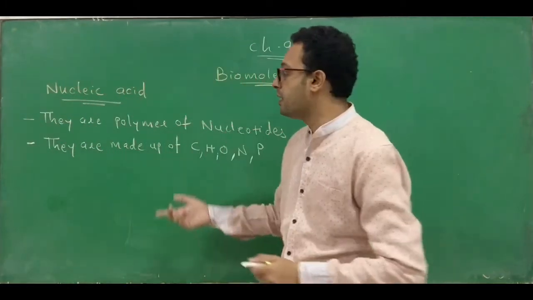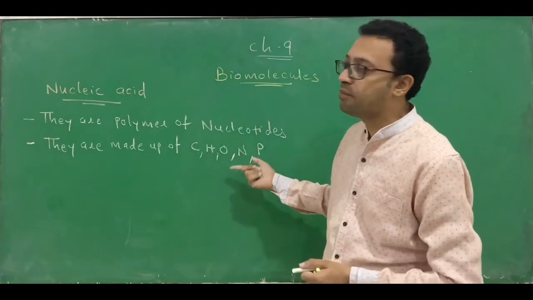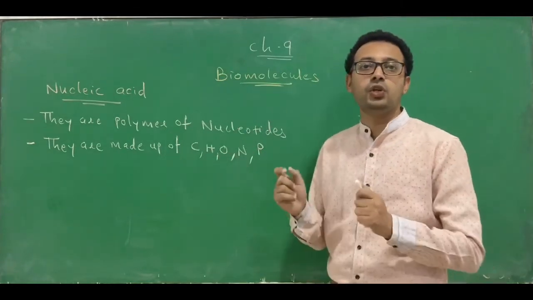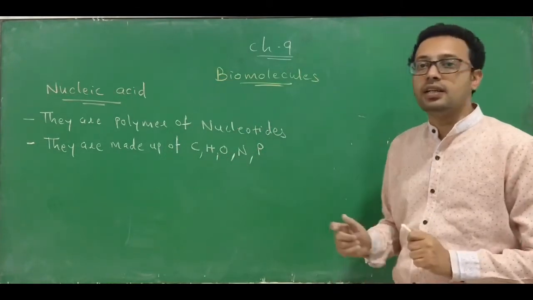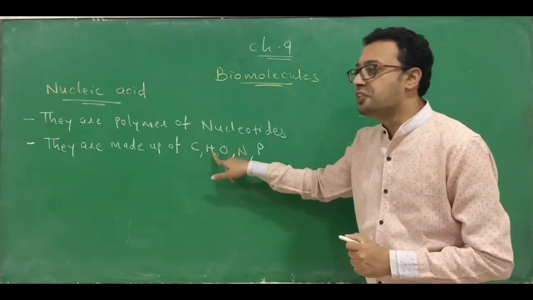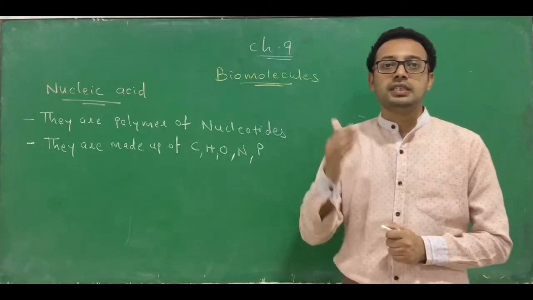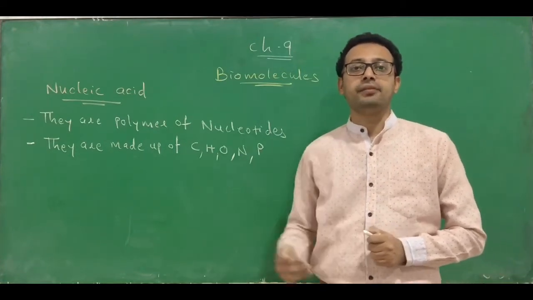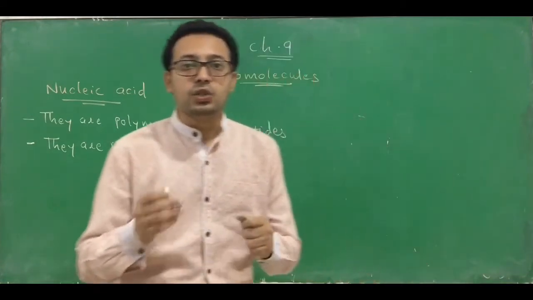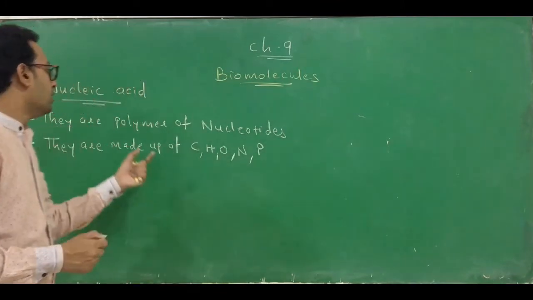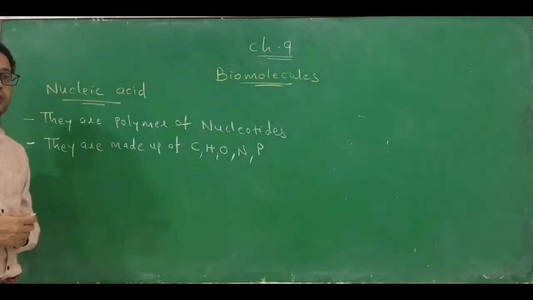The elements which play an important role in the formation of nucleotide and nucleic acid are carbon, hydrogen, oxygen, nitrogen and phosphorus: C, H, O, N and P.